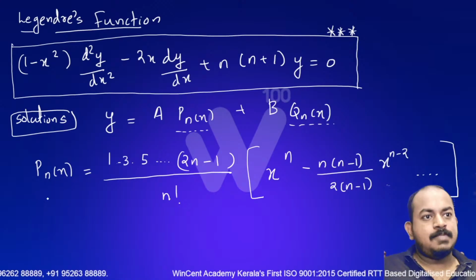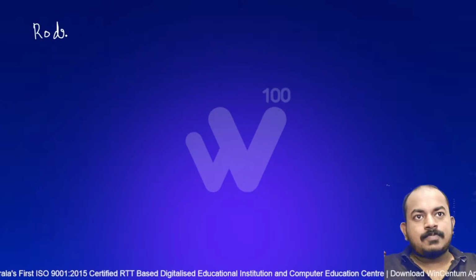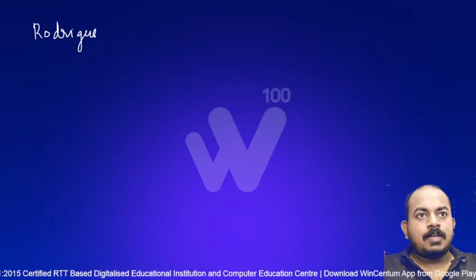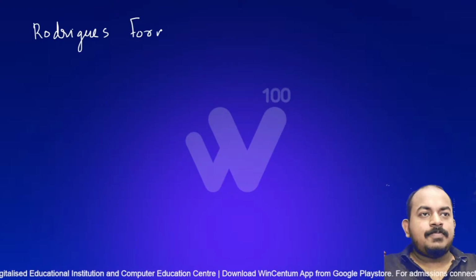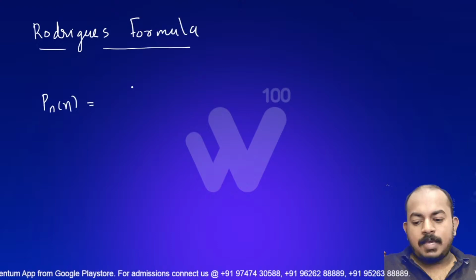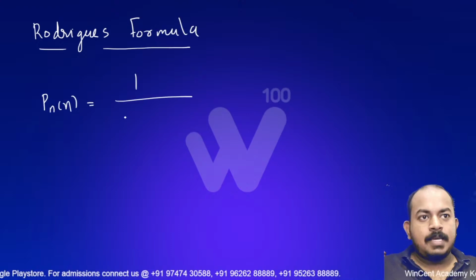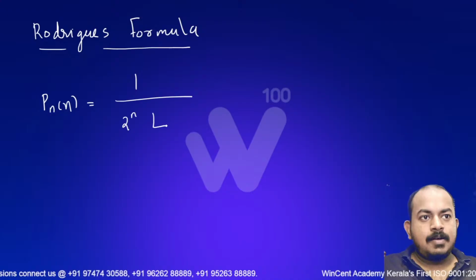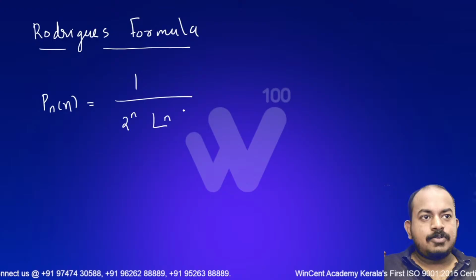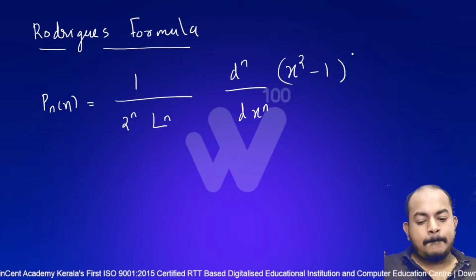In order to get the Pn of x, or the Legendre's polynomial, we have the Rodrigues formula. So you have to learn this Rodrigues formula by heart. Pn of x equal to 1 by (2 raised to n, factorial n) times dn divided by dx raised to n of (x square minus 1) whole raised to n.